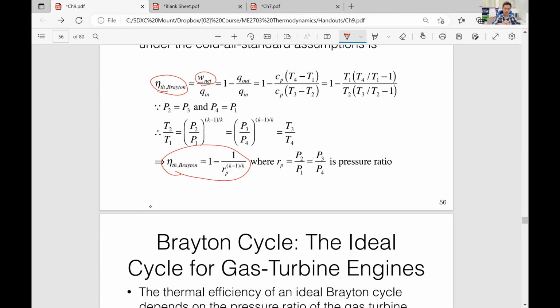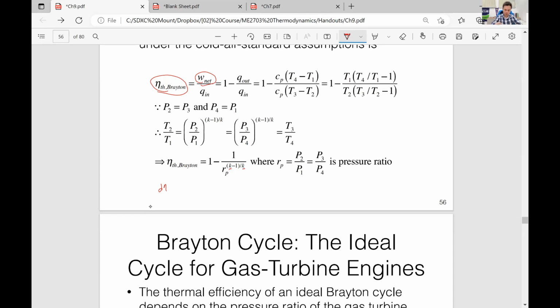And we know we can write the efficiency in terms of the pressure ratio, if the specific heat ratio is a constant. So all we need to do is find out what RP makes the efficiency maximum, right?